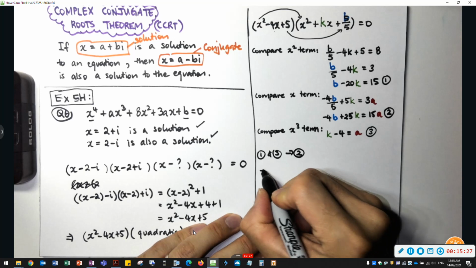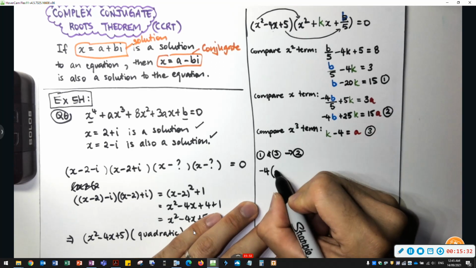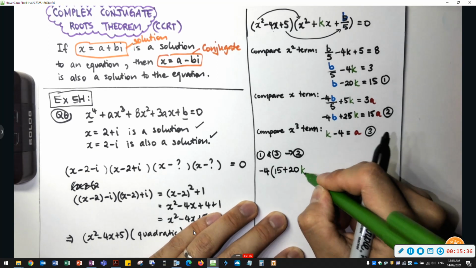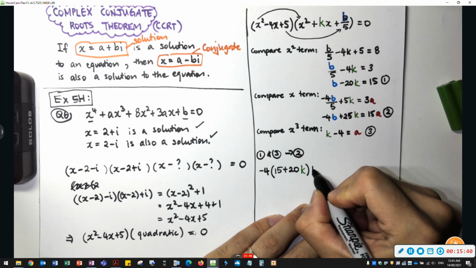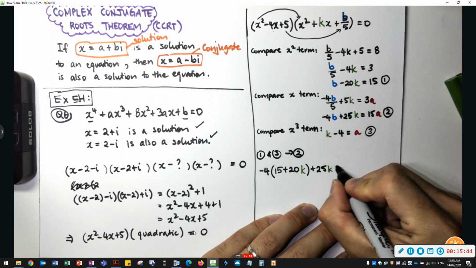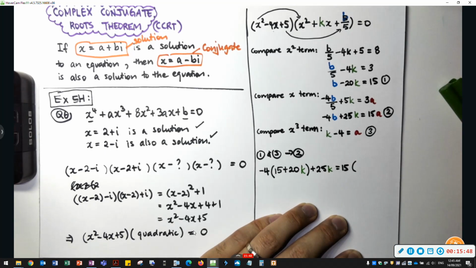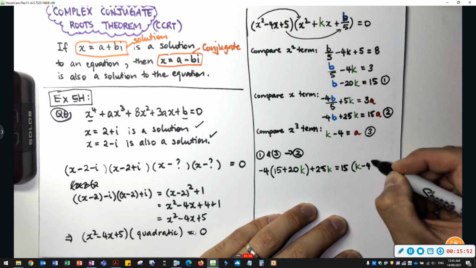So I'm going to get negative 4, and b is equal to 15 plus 20k, and then I'm going to put plus 25k equals 15. A is equal k minus 4. Success. Okay, so now you can solve for k.